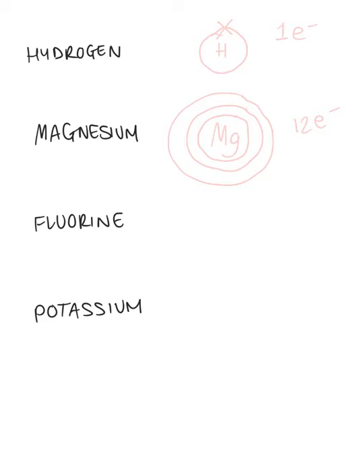I did say to you on the previous slide, fill the shells starting with the outer shell, and the reason I do that will now become clearer. Magnesium is in group 2, so there are 2 electrons on the outer shell. Now you work your way inwards based on how many the inner shells can hold.